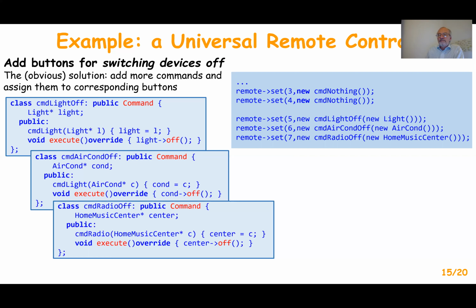Next improvement, much more interesting and much more challenging, I would say. We would like to improve the functionality of our remote control device by adding one more button, which is called undo.